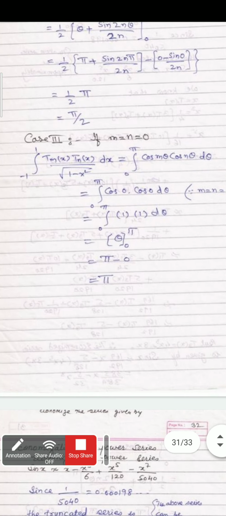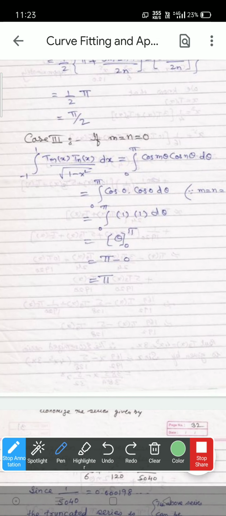This is the second part. The third part is if m is equal to n is equal to 0, then this term is written as cos of m theta cos of n theta d theta. So this is cos of 0 into cos of 0. Cos of 0 is 1. So this is theta; integration of 1 is theta from 0 to pi.